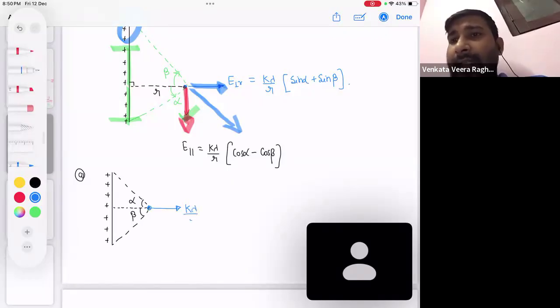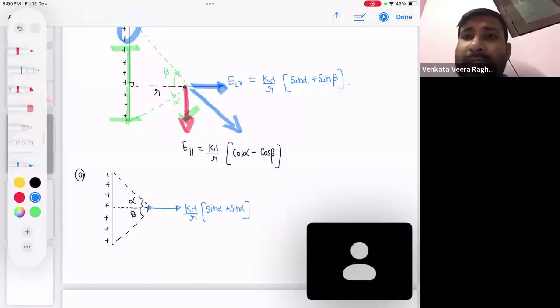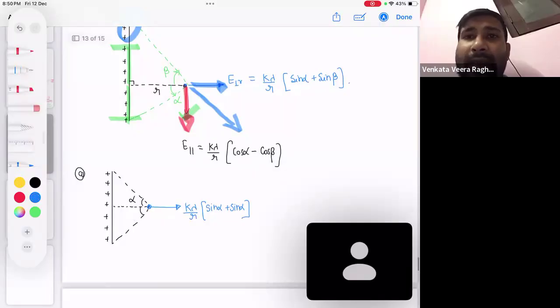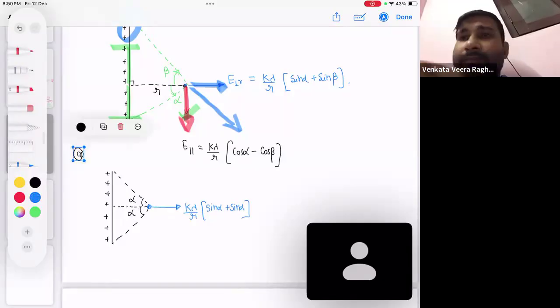K lambda by r, sine alpha plus sine alpha, because here alpha and beta are equal. The first case we took is this case, the symmetric arrangement. Okay, this is the symmetric point.